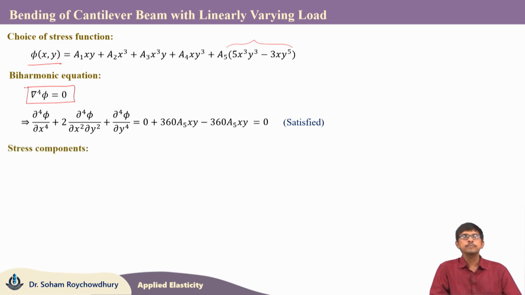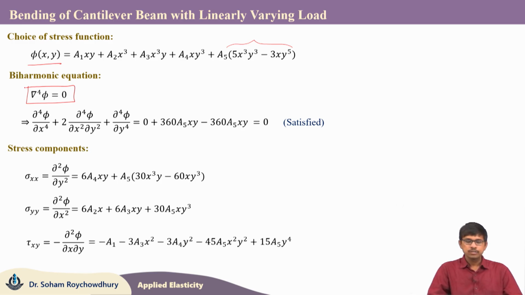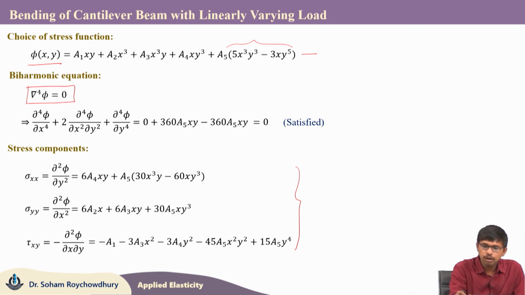Now, from this we can obtain the stress components: sigma xx as del 2 phi by del y 2, sigma yy as del 2 phi by del x 2 and tau xy as minus del 2 phi by del x del y. So, these would be the 3 equations for the 3 in-plane stress components for the present problem with this chosen form of phi.